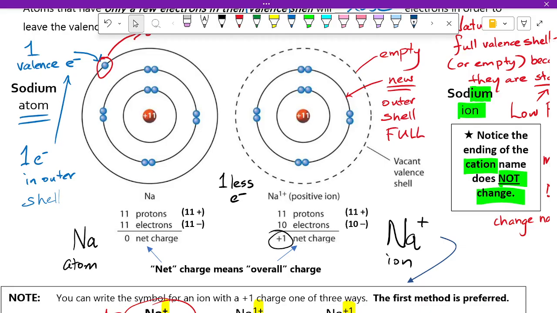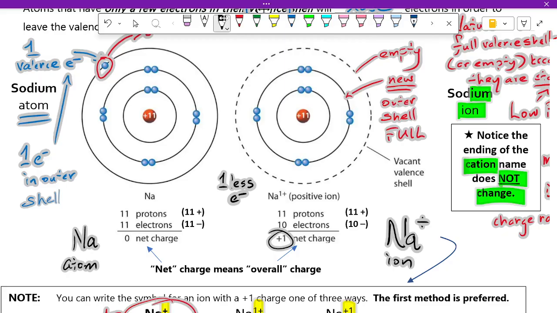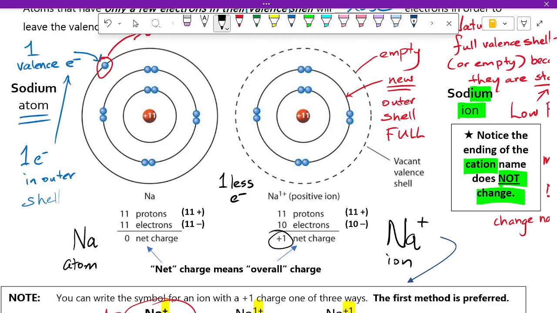Did we forget to do anything with our ion? Picture the Bohr model. We forgot the square brackets and the charge. So let's make sure we put on our square brackets. I haven't left room for it, so I'm just going to stick it over top of things and between things.